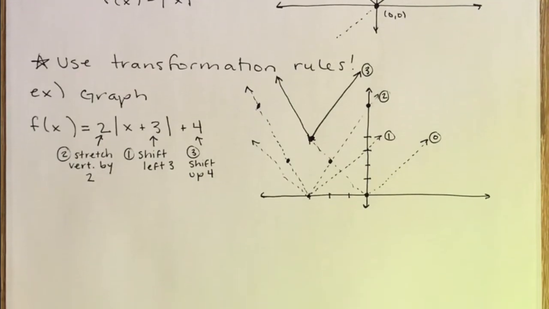Let's talk about how to solve an absolute value equation. In order to do that, we need to talk about what an absolute value actually truly is. What is the actual definition?